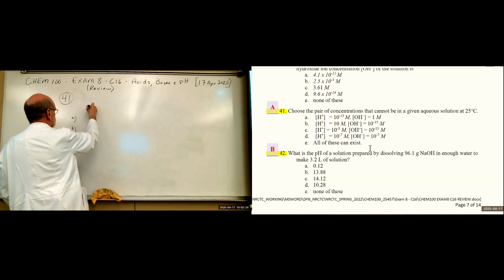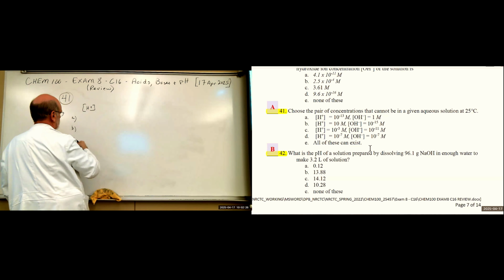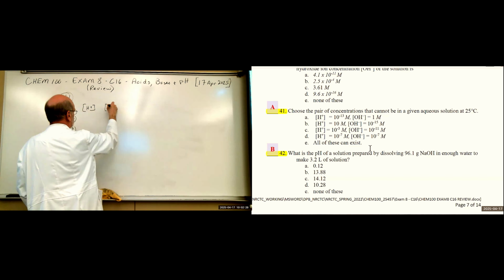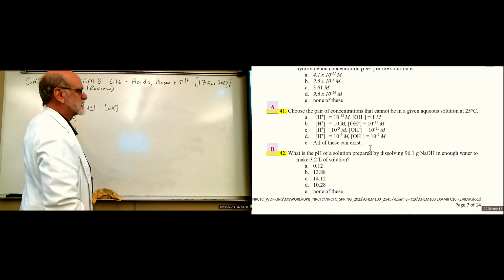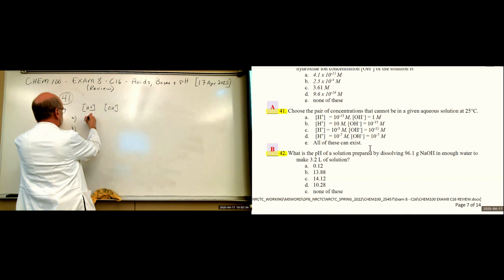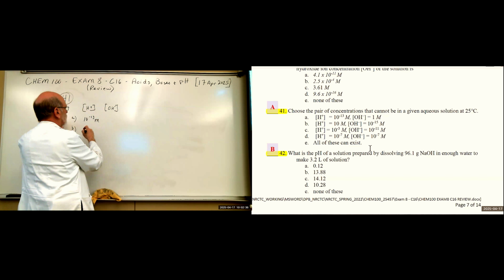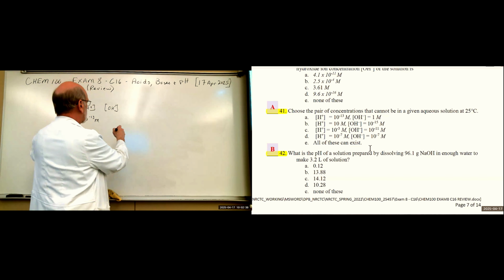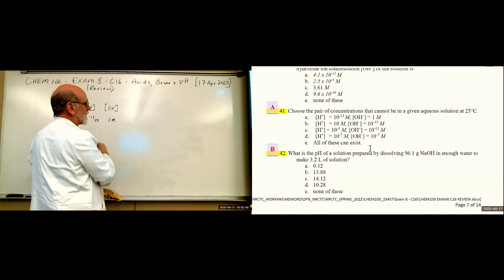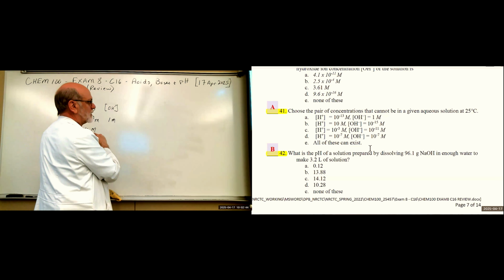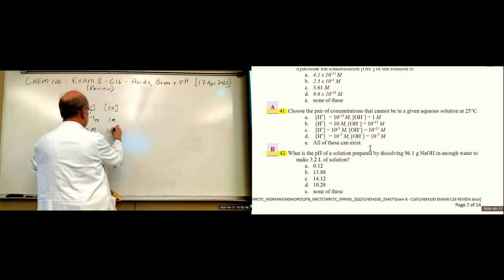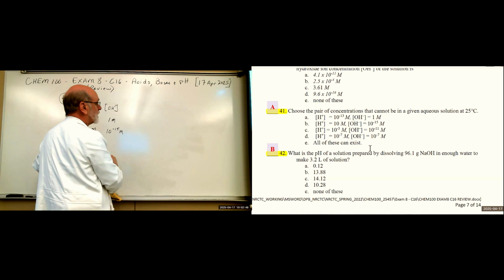We got hydrogen ion concentrations in this column and hydroxide in this column. So we got 10 to the minus 13 molar and 1 molar and 10 molar and 10 to the minus 15 molar.